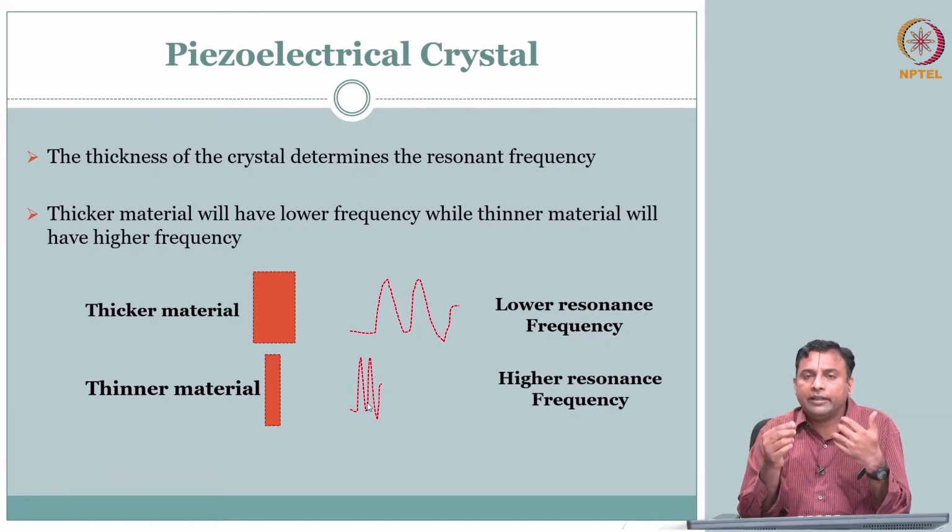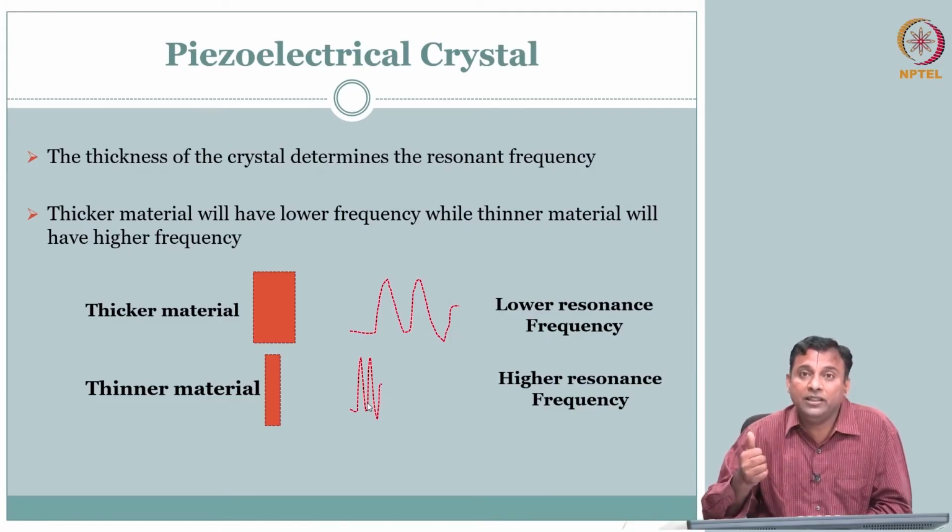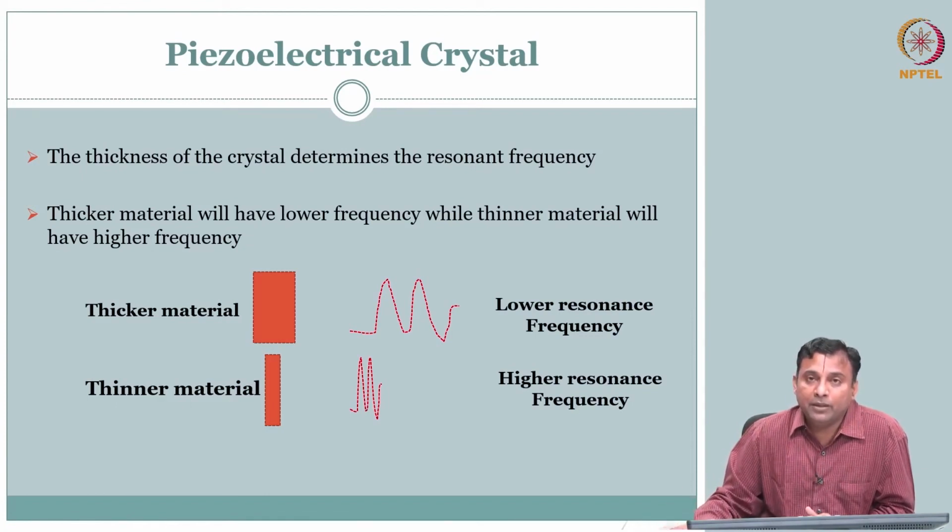So, it will be brittle, it can break. And you have to make sure that it is cut to size, to the different shapes that we want. So, all that becomes complicated. Okay. So, the higher the frequency, the manufacturing of these crystals becomes a little tricky.